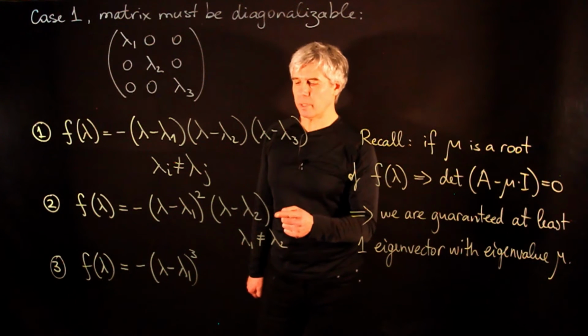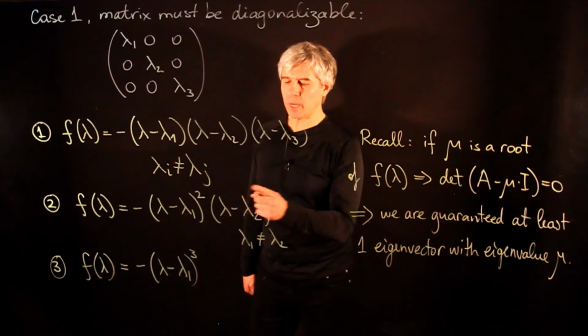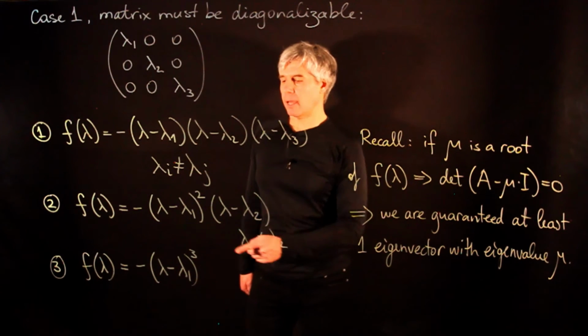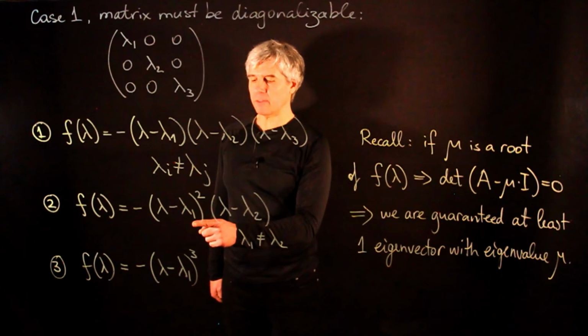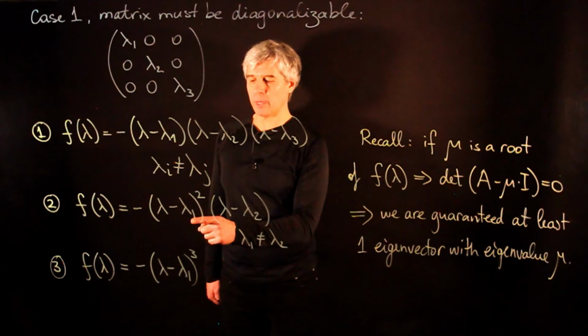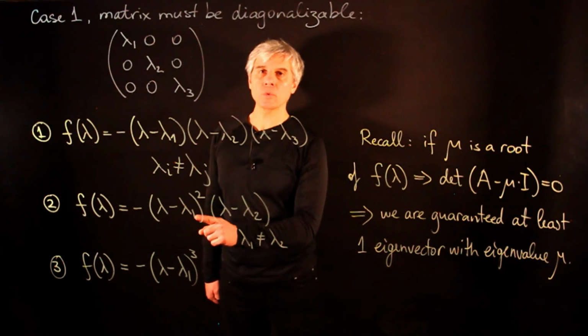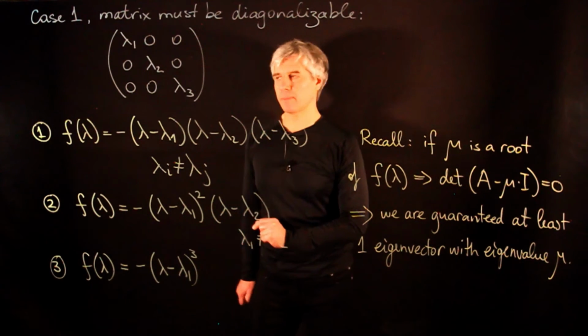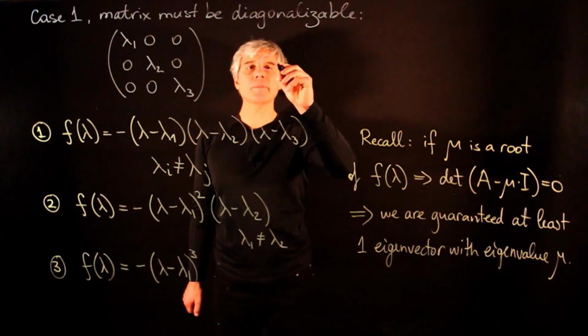In case 2, we see that we have a 1-by-1 Jordan block that corresponds to eigenvalue lambda 2, and there are 2 possibilities for eigenvalue lambda 1. We could either have a 2-by-2 Jordan block with eigenvalue lambda 1, or 2 single 1-by-1 Jordan blocks with eigenvalue lambda 1. So we could get the following matrices.